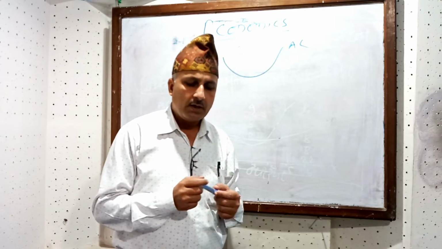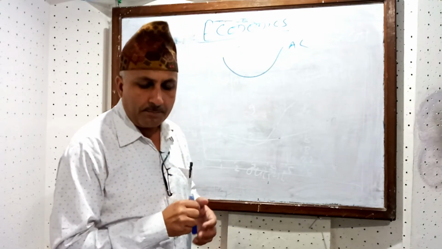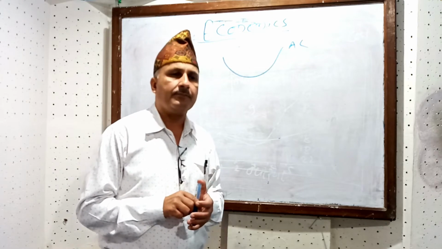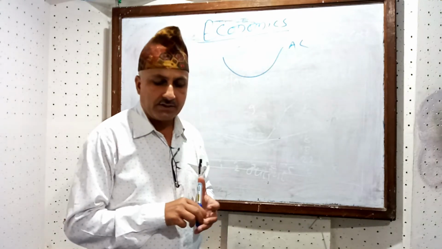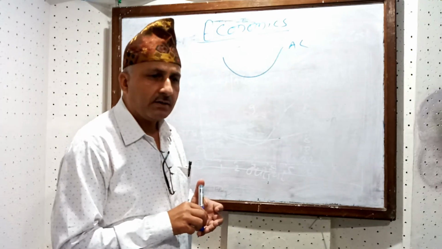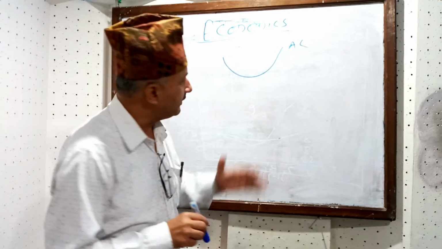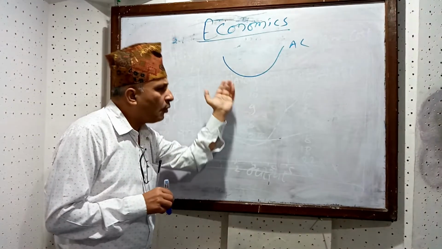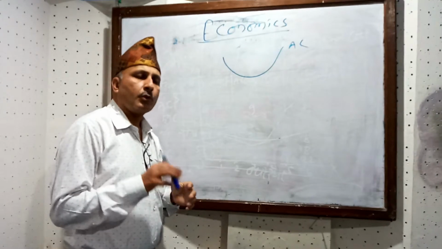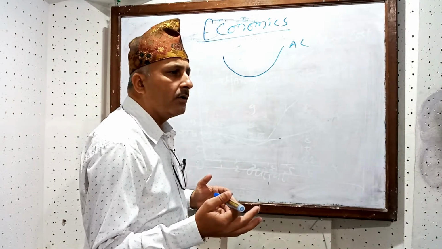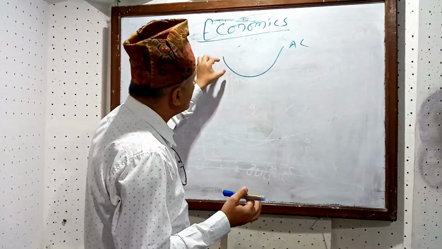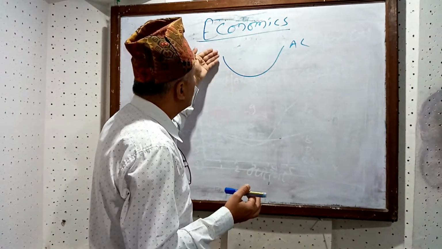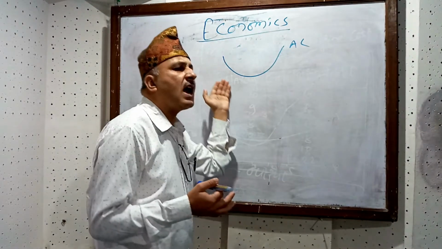beginning, till the optimum combination is reached, increasing returns operate in the production. That means production goes on increasing. When production goes on increasing, then per unit cost starts diminishing.